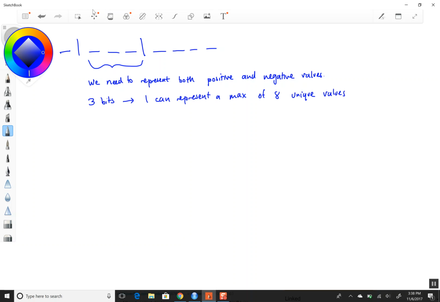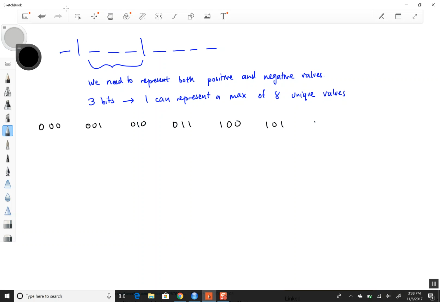Those would be 0, 0, 0, 0, 0, 1, 0, 1, 0, 0, 1, 1, 1, 0, 0, 1, 0, 1, 1, 1, 0, 1, 1, 1. Normally these would just be 0, 1, 2, 3, 4, 5, 6, and 7. These are the values we could represent.